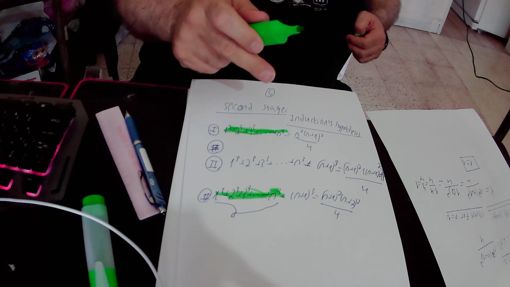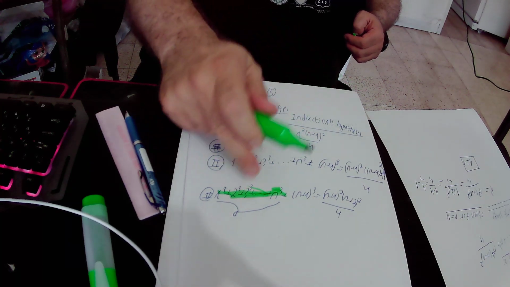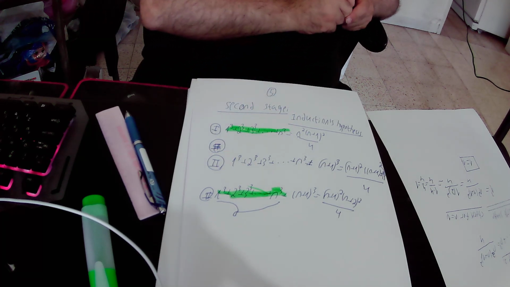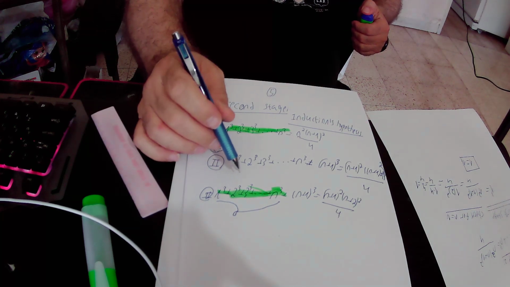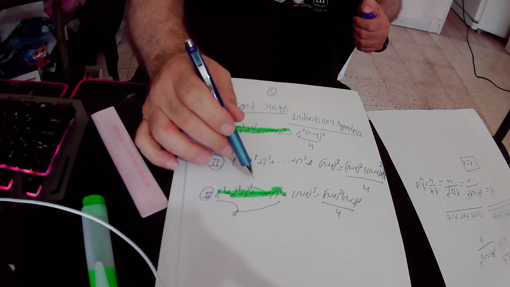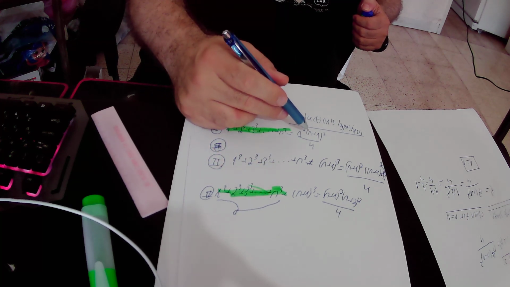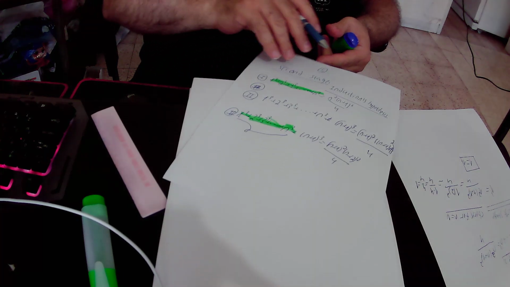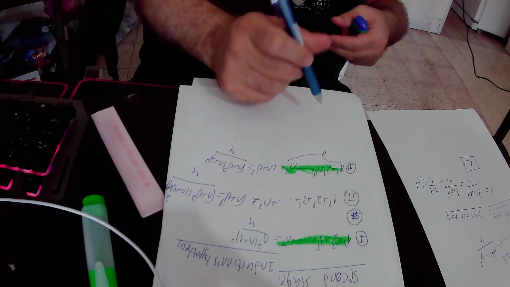So we can say that this expression equals also this, because they are equal to each other. So we actually substitute 1 to the power of 3 plus 2 to the power of 3 plus 3 to the power of 3 plus n to the power of 3 by n squared times n plus 1 squared, all divided by 4. We can substitute one with the other because they are equal to each other.